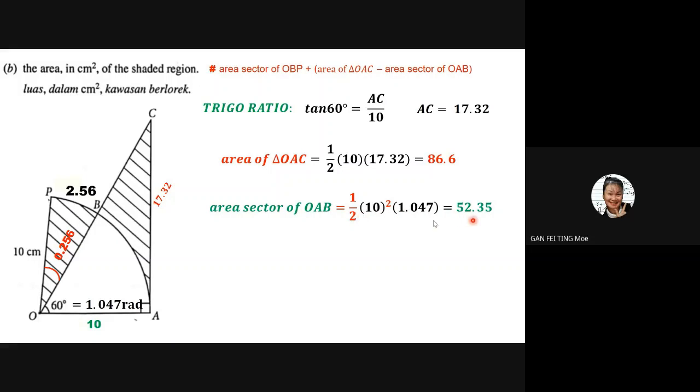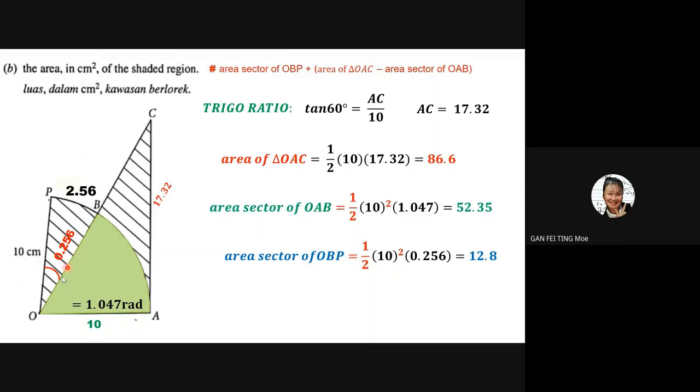As I'm showing this, cikgu harap anda semua ambil calculator, tekan calculator masing-masing, dan semak jawapan. Adakah masa kamu tekan kalkulator, kamu dapat jawapan yang sama atau tidak? Okay, then after that, kita pergi ke this one, warna hijau. So, area of sector OBP.